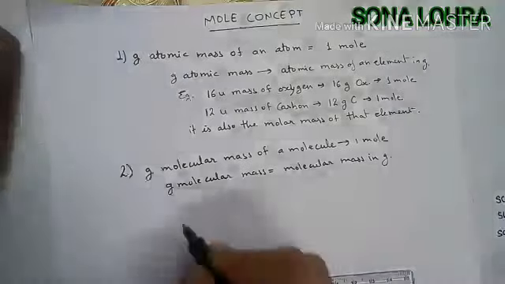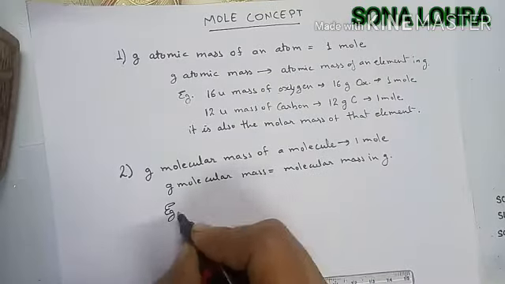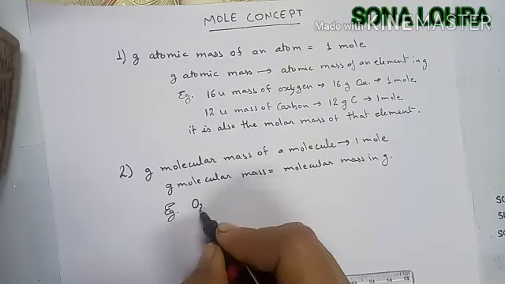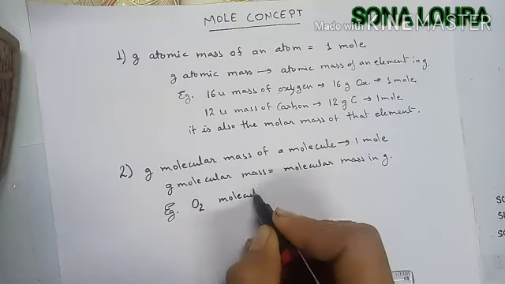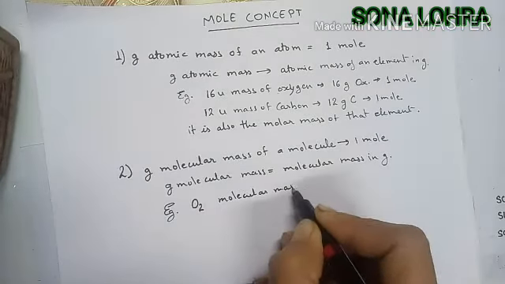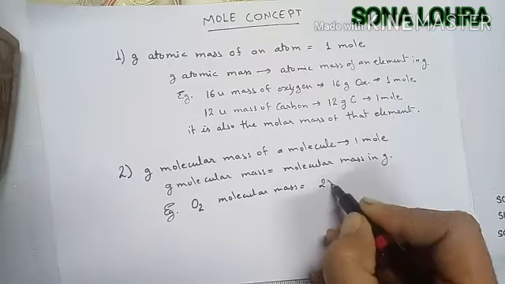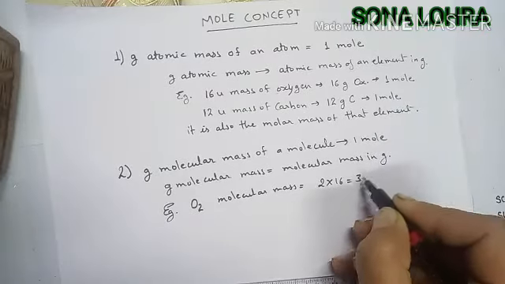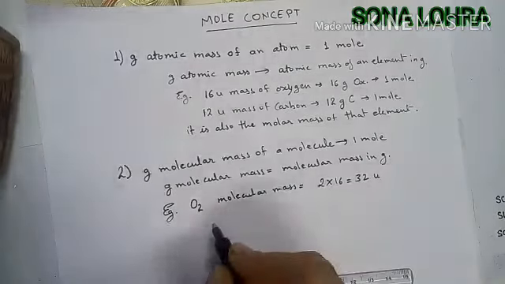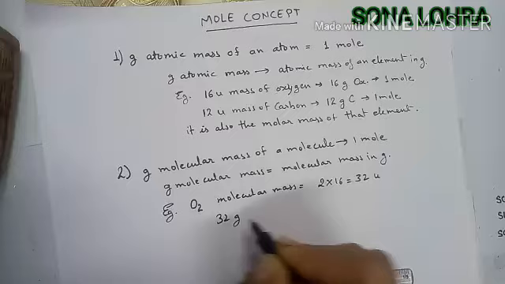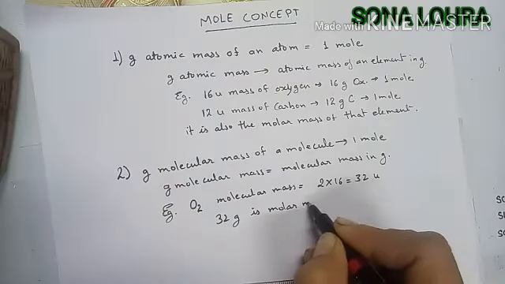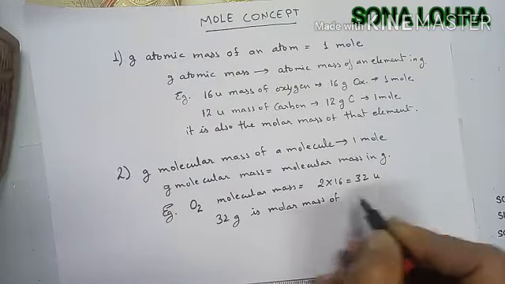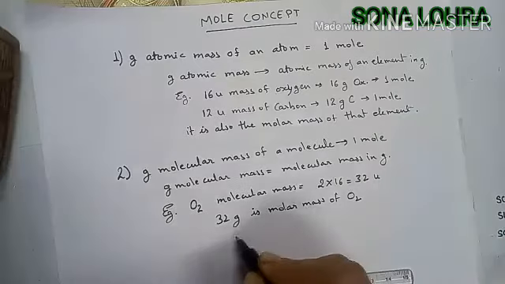For example, we can take an example of oxygen molecule. As you all know that O is the symbol for oxygen atom, whereas O2 is the symbol for oxygen molecule, having the molecular mass 2 into 16, that is number of atoms multiplied by atomic mass, equal to 32 unified mass.